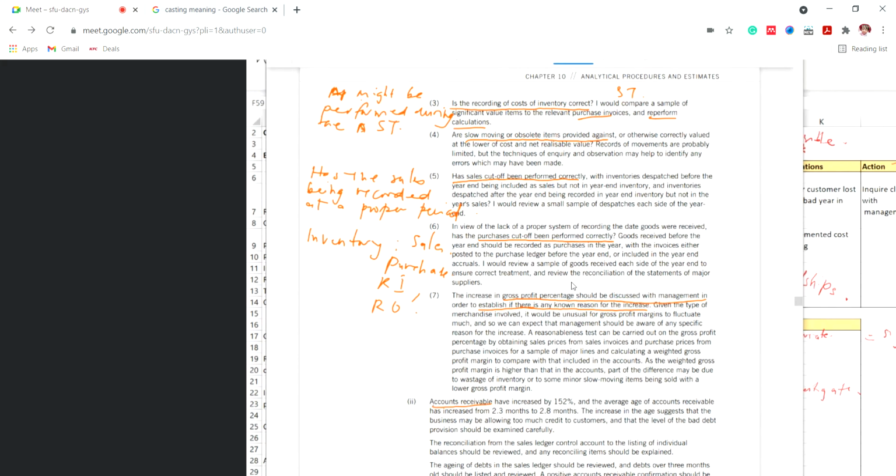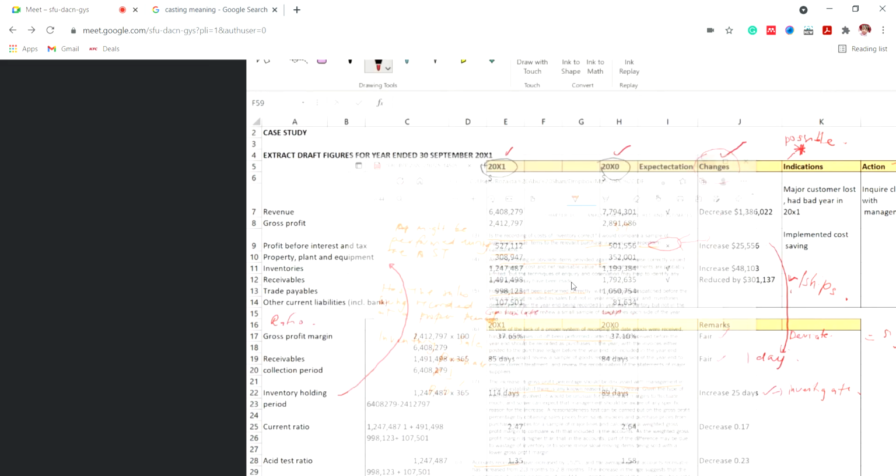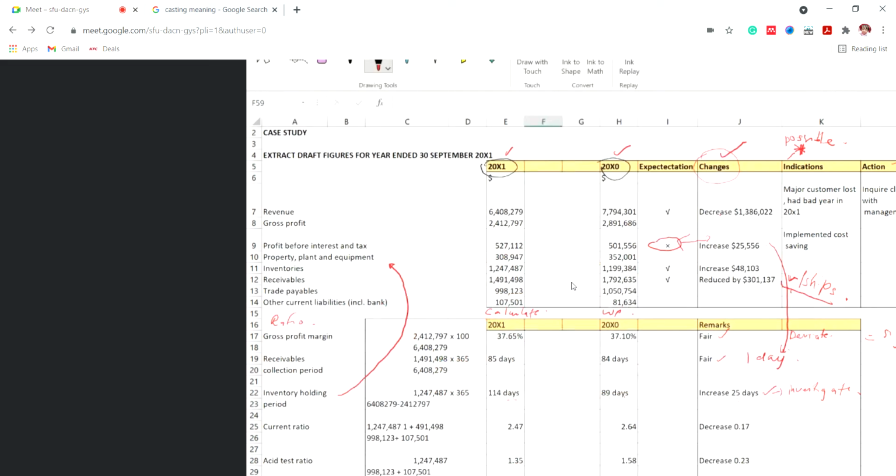The main thing is you must know the relationship of the information.